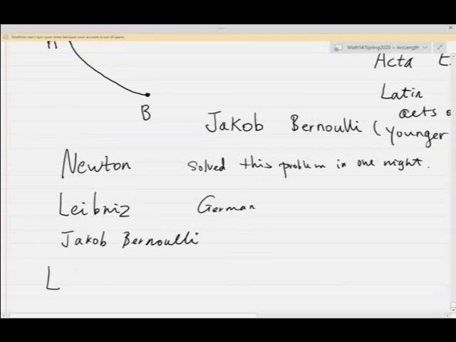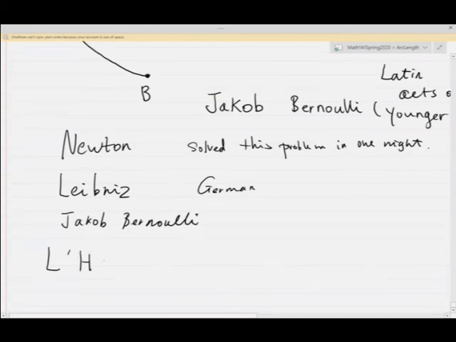And also L'Hopital. Remember this mathematician L'Hopital? He's from France. L'Hopital was one of Bernoulli's students.